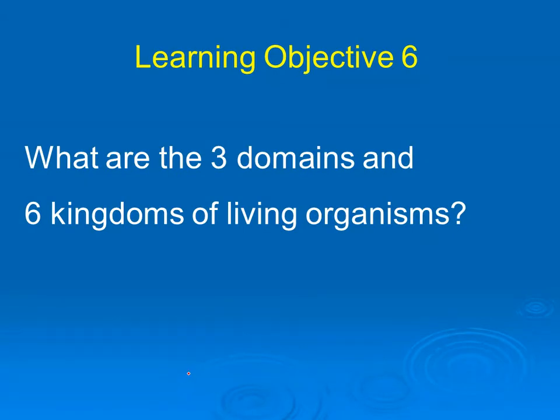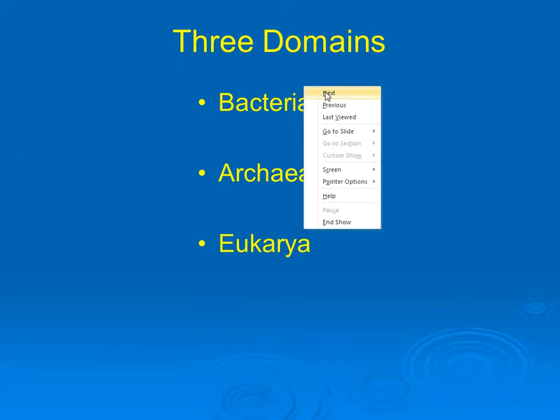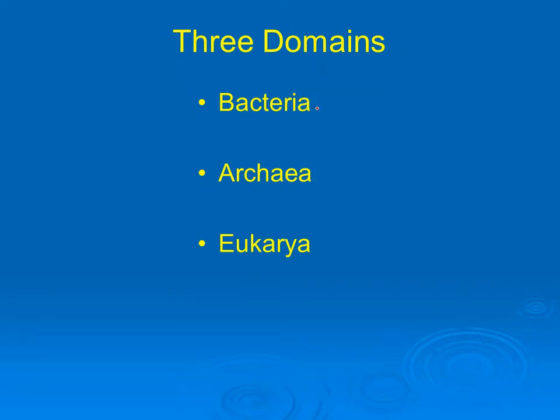So what are the three domains and the six kingdoms of living organisms? Here are your domains. We've already mentioned all three of these, but here they are listed again. Bacteria, archaea, remember both of these are prokaryotic. From the term we learned earlier, they do not have a true nucleus or other membrane-bound organelles. They, however, are distinct enough, different enough, that they have their own domain.